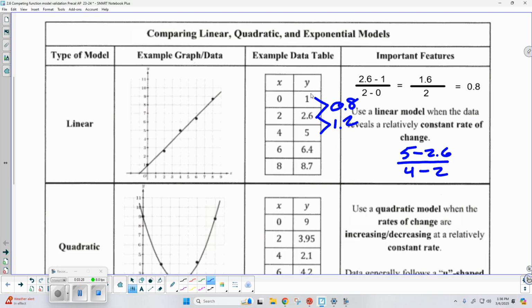Now, here's what I want you to do. For the next couple of pairs of coordinates, go ahead and find me those slopes as well. Between (4, 5) and (6, 6.4), and then between (6, 6.4) and (8, 8.7). Let's see what we get. I'll give you a few seconds, and then I'll go ahead and call on some folks.